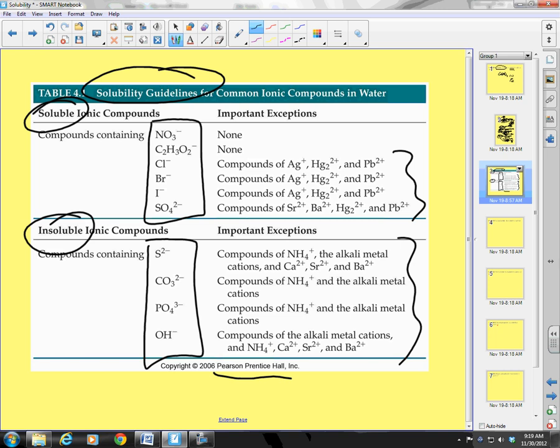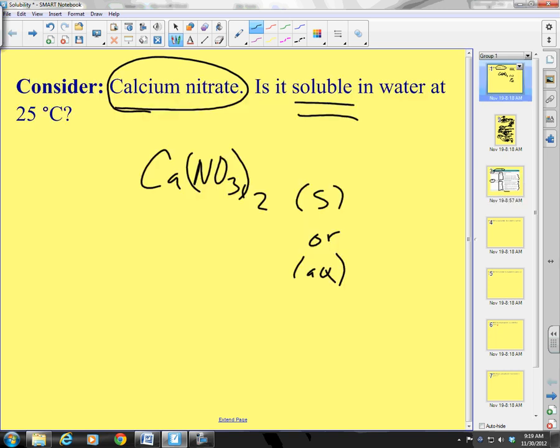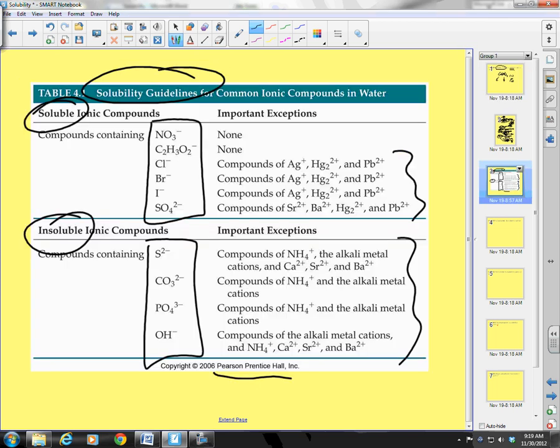Now, let's see how we analyze this. We look over here and I've got calcium and I have nitrate. I go back to my table. Do I have anything on calcium written here? I don't see anything on calcium written here. Some stuff down here, but I don't see any major stuff on calcium. But I do see nitrate, and it says nitrate is soluble.